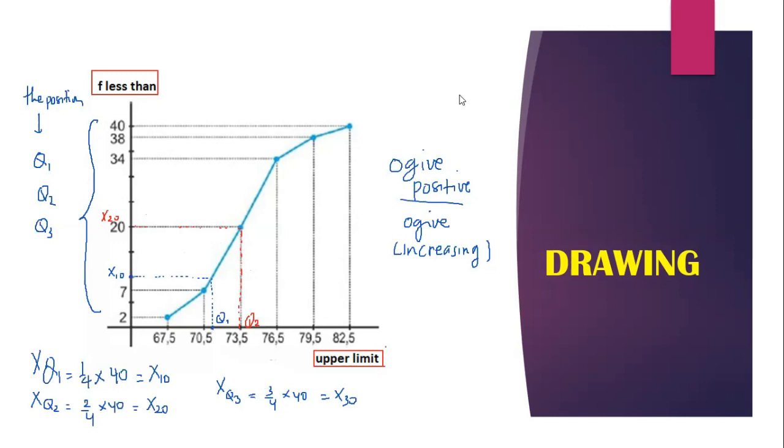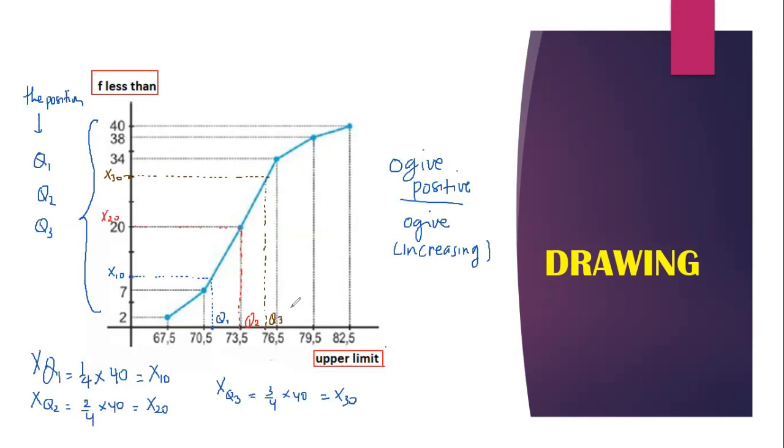Quartile 3 is x30. x30 is here. Then we find the intersection, where x30 meets the curve, and go to the vertical line here. So here is Q3.